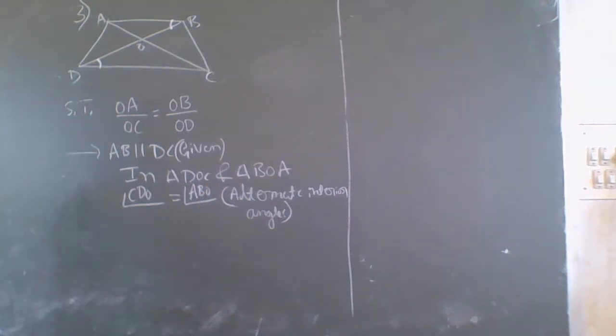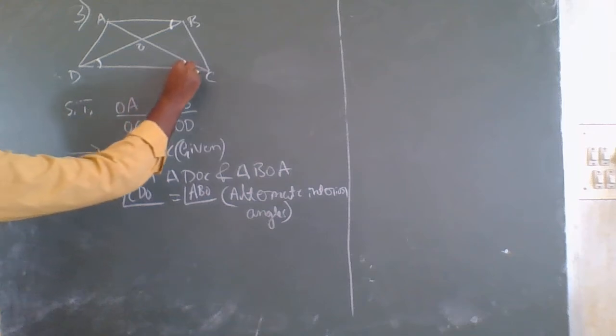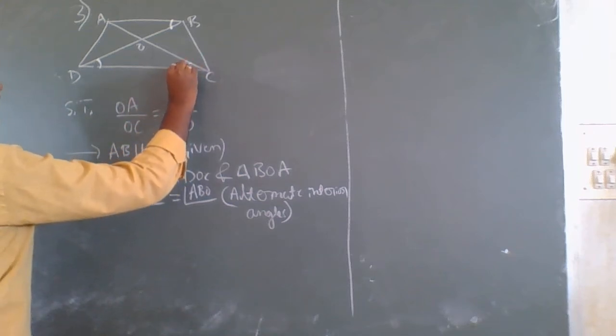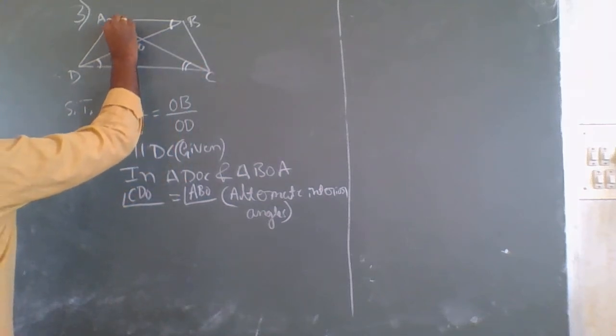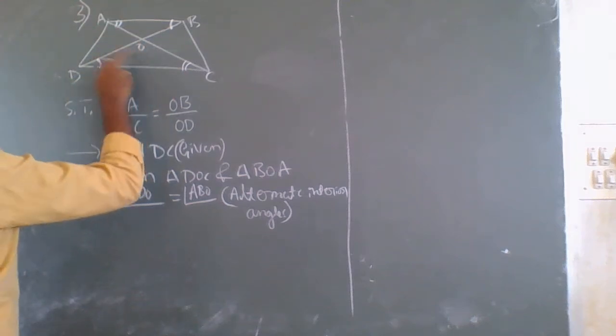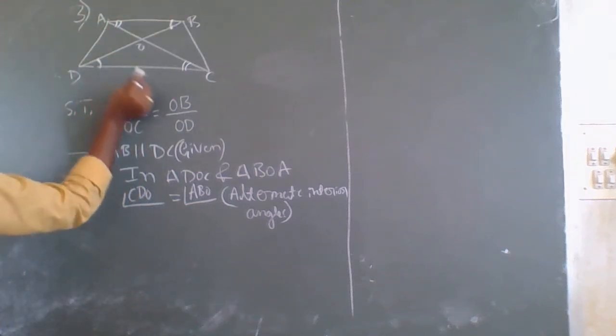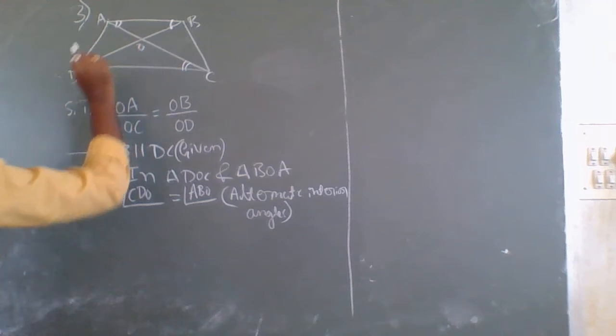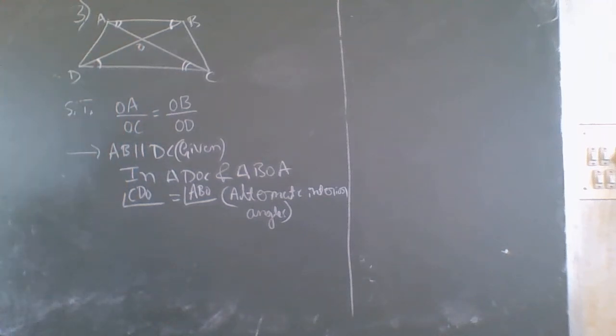These two are alternate interior angles. Like this only, this angle is equal to this angle. DCO is equal to OAB because these two angles are also alternate interior angles.